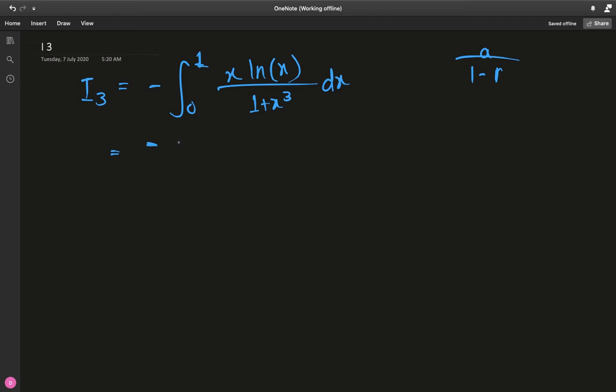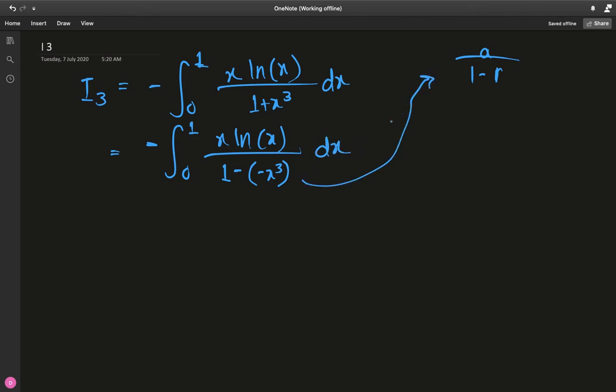So let's rewrite this properly, so you can see what I'm talking about. We can write this as 1 minus negative x cubed dx. Comparing this denominator to the form we had, a is just 1 and r is just negative x cubed, but this is the formula for the infinite geometric series.